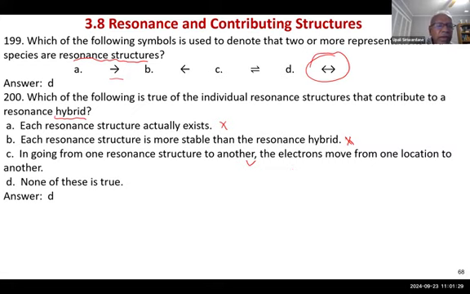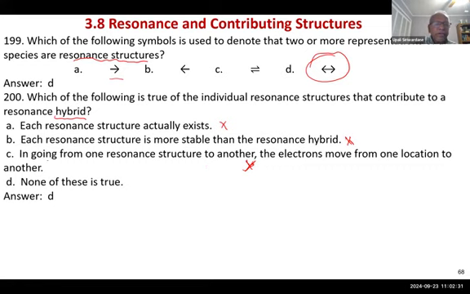In going from one resonance structure to another, electrons move from one location to another. Why is this not true either? Because there are no resonance structures. They are our description, they don't exist. We can show on paper going from one resonance structure to another. Why is this not true?